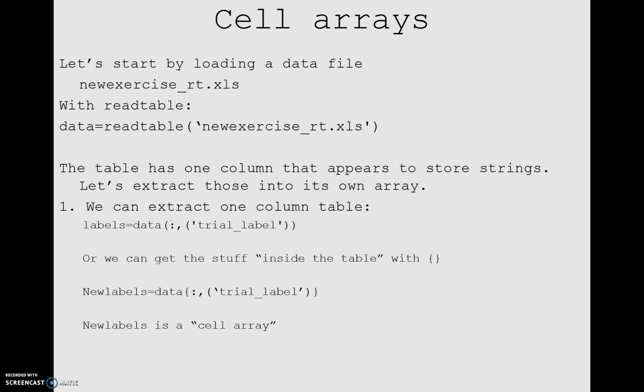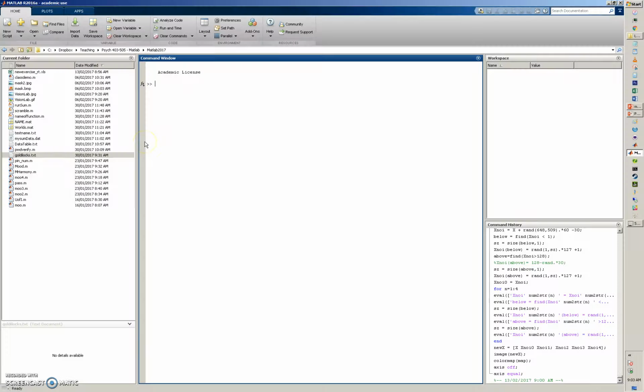So first, we're going to talk about cell arrays. In the e-class, I'll upload this file, new exercise rt.xls, and so we'll use that file and we'll read in that file with this readtable command.